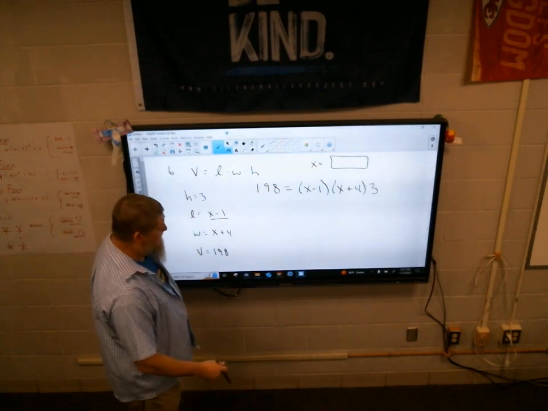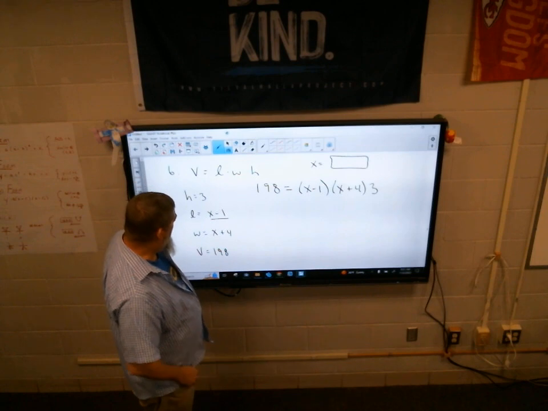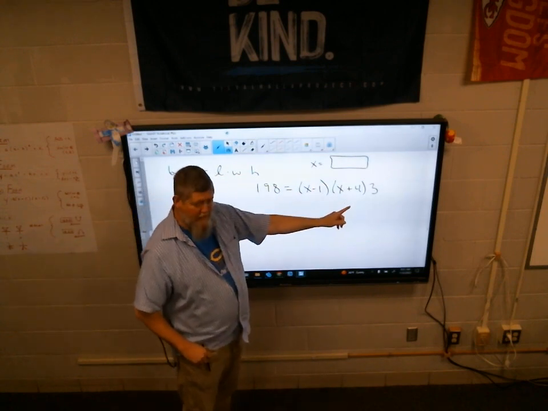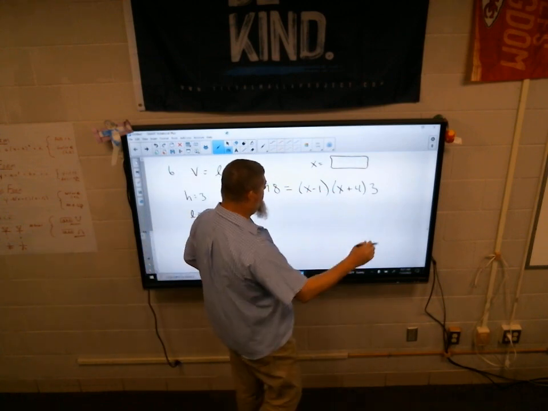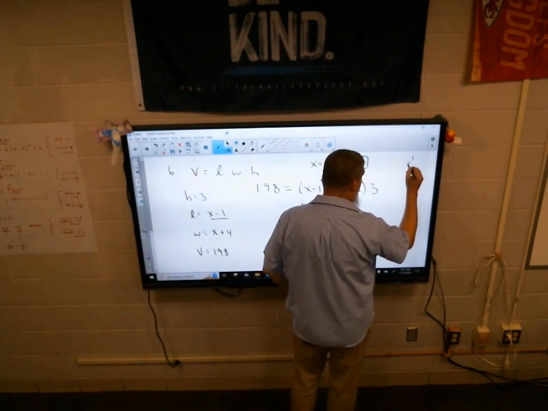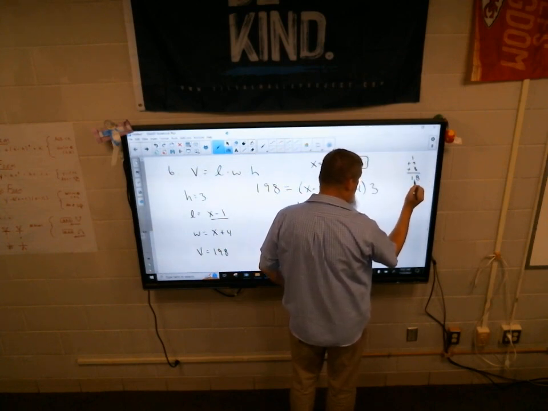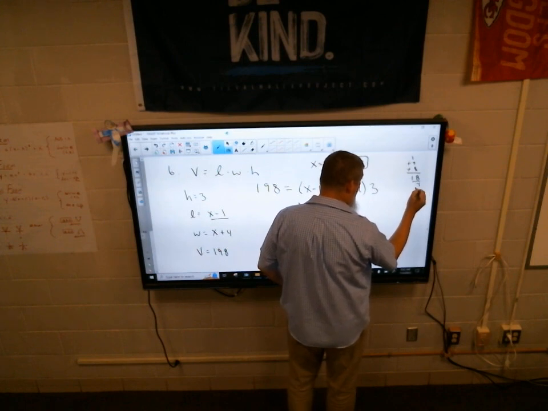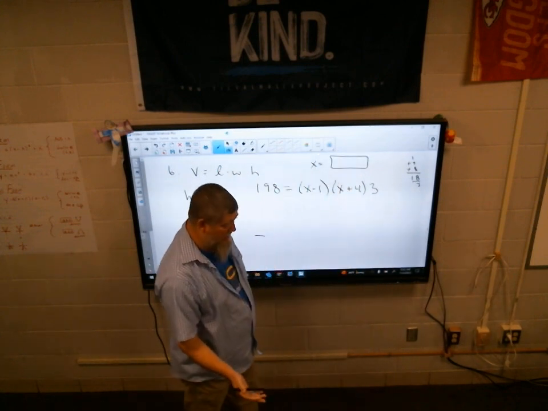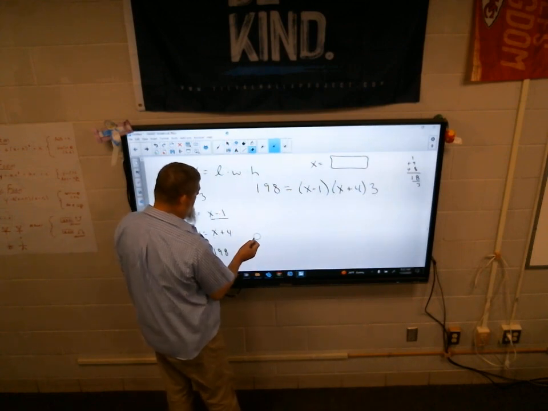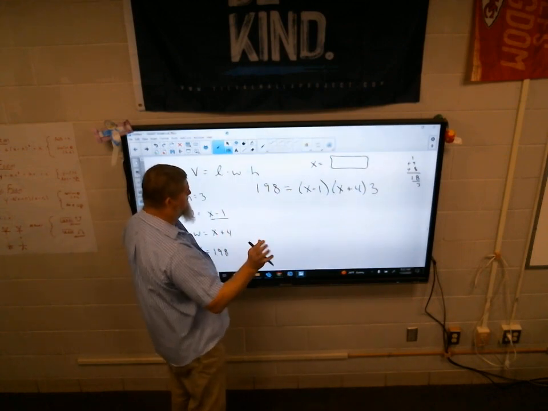You can distribute everything, solve the quadratic. I'm going to look at this and say, okay, 198 is divisible by 3. Some of you don't remember that little trick, but if I simply do 1 plus 9 plus 8, that's going to equal 18. So because 18 is divisible by 3 evenly, it goes in 6 times, then 198 is also divisible by 3, one of those little divisibility rules.